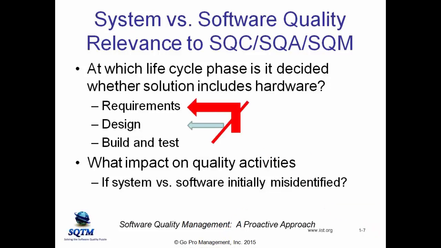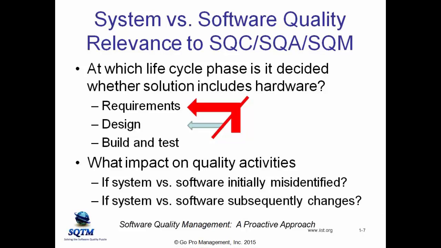Prejudgments like this can create organizational issues when the organization makes a big distinction between these. And if there is a subsequent change in determination of whether something uses hardware, it can affect the design, the requirements, and how the thing is actually built. These are issues that you need to be concerned with.